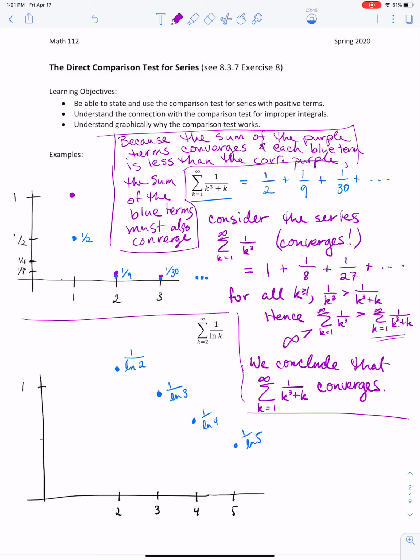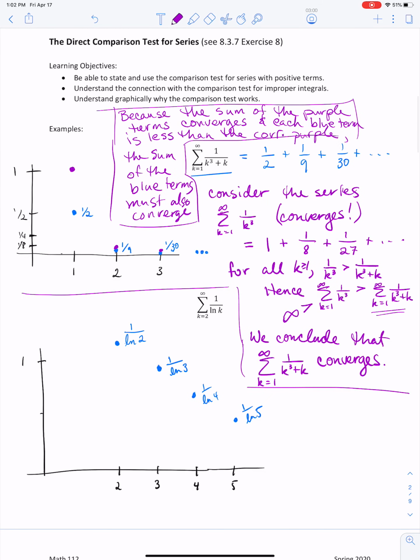We do need these terms to all be positive in order to conclude that because the purple always lie above the blue, the blue must also converge. So this should feel very similar to the comparison test for improper integrals.